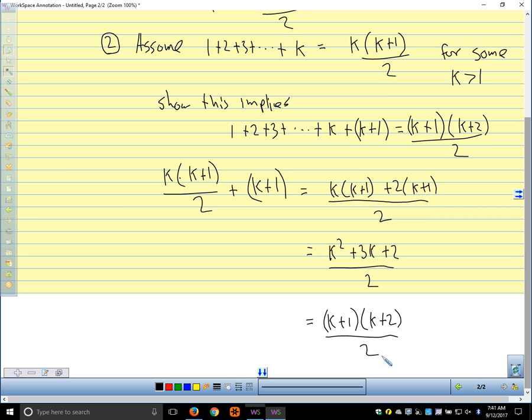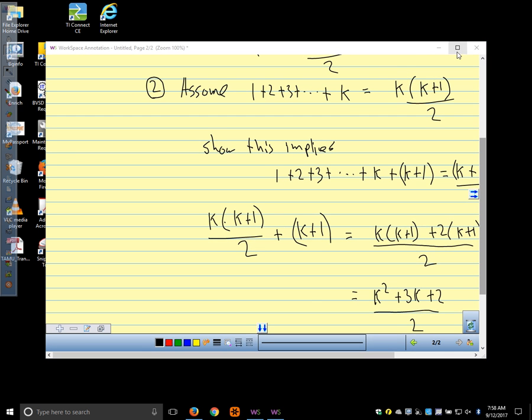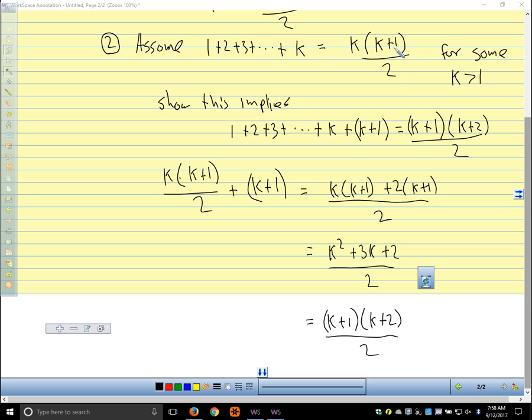Yeah? I'm confused about where you put down plus k plus 1. So what I did was I said, well, we know that 1 plus 2 plus 3 plus dot dot dot up to k equals k times k plus 1 over 2. So we're assuming that's true. I want the next term, I just want to add one more integer.